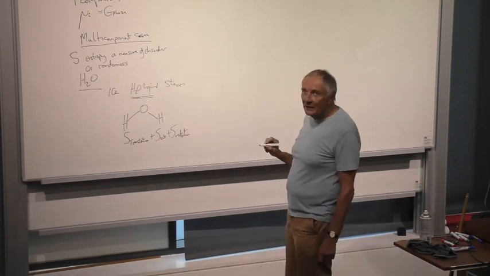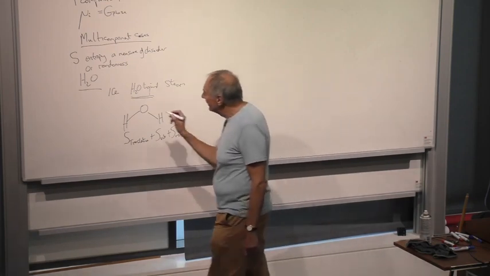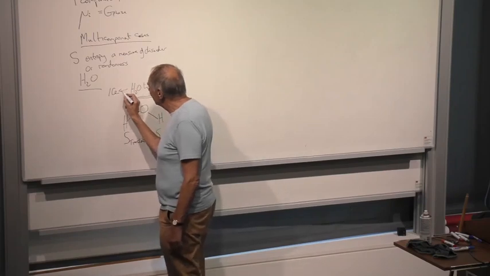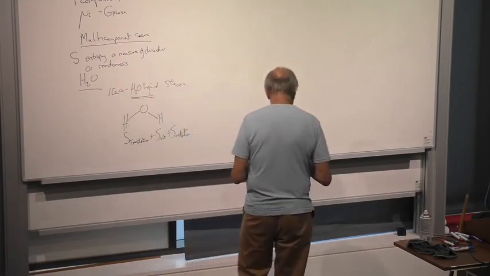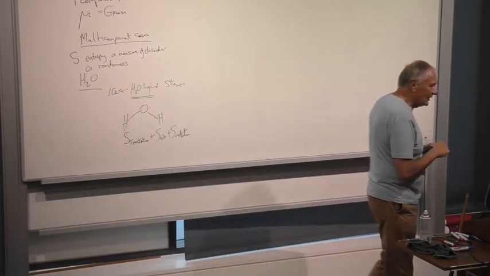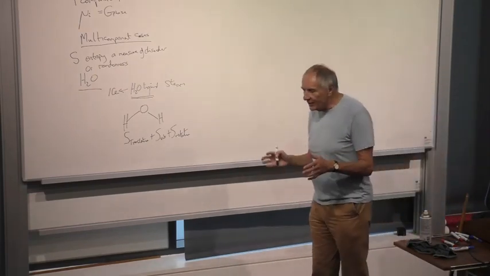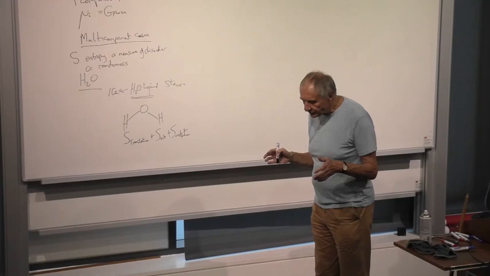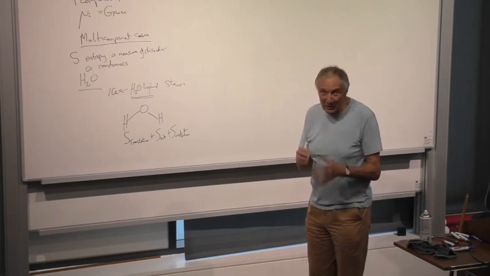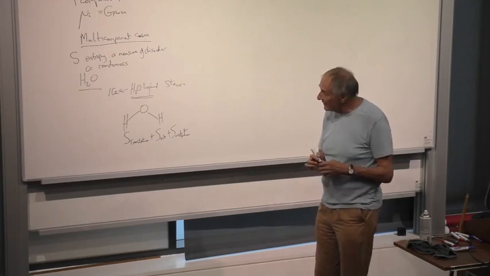Now, if I cool that liquid down and turn it into ice, all of a sudden things start to get different. In the structure of ice, each molecule has its place and it's fixed in that place.